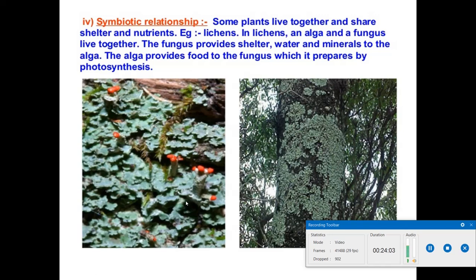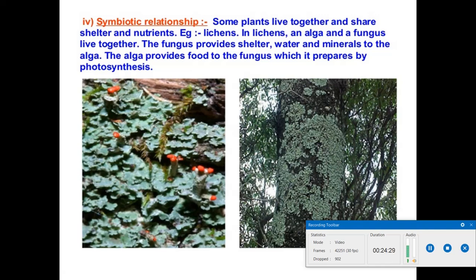So, two different organisms live together and this together living matter is lichen. The fungus provides shelter, water and minerals to alga. In return, alga provides food to the fungus.